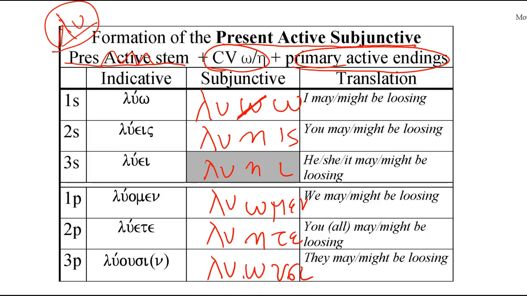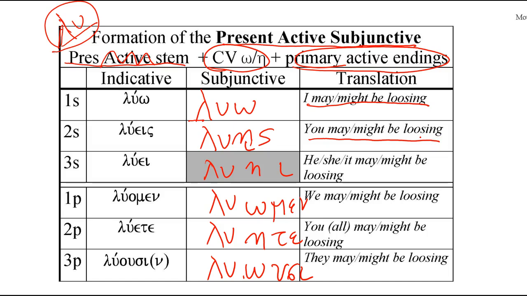Now, we're not done yet. The final form for the present active subjunctive for the first person singular is luo. And what happens with the long eta connecting vowel is the iota wants a subscript. So we have luo, which is I might be loosing, and then we have luēs with the iota subscript, you might be loosing.